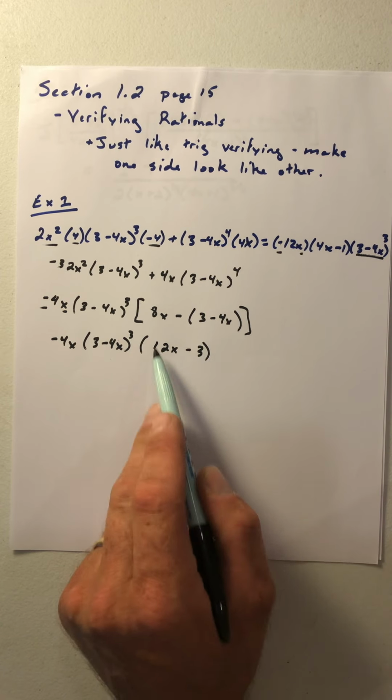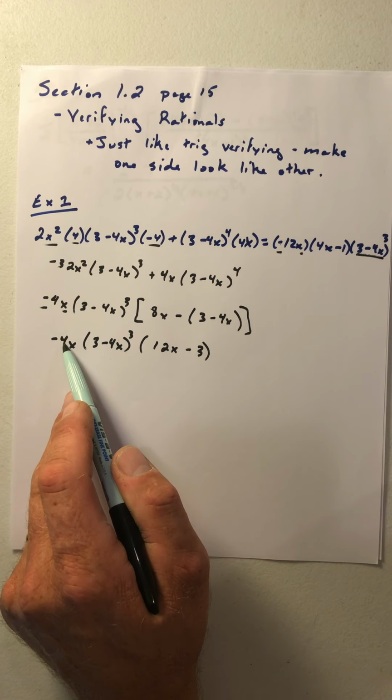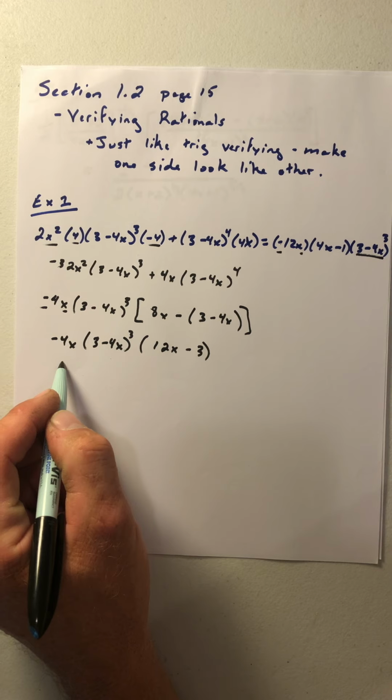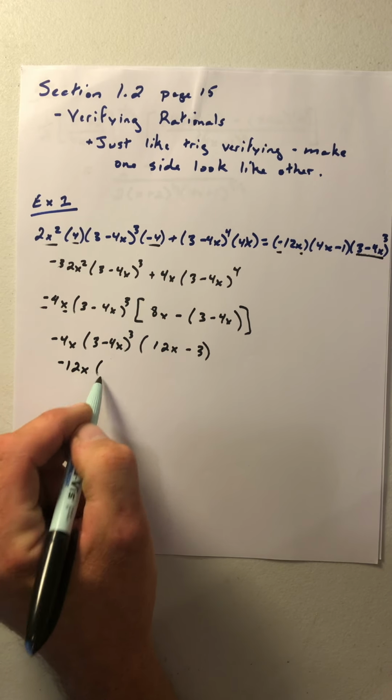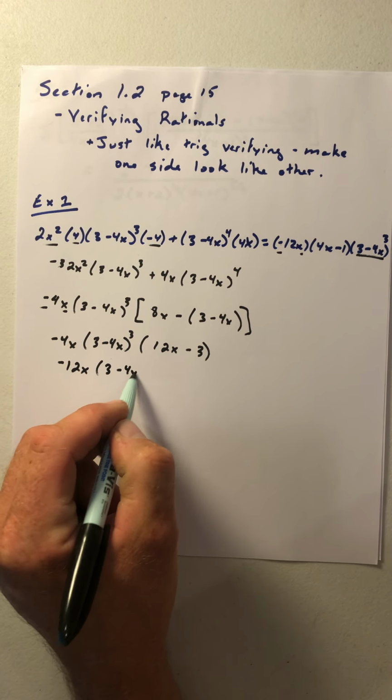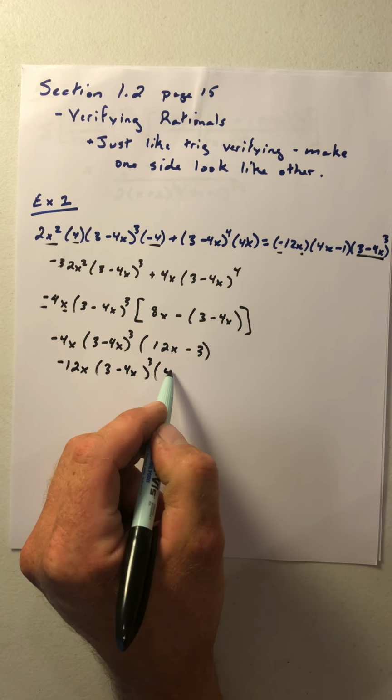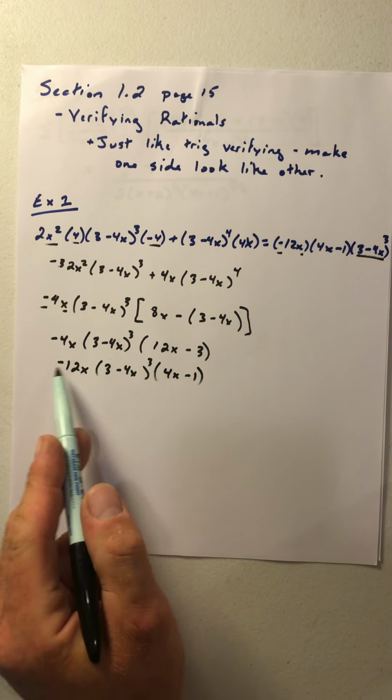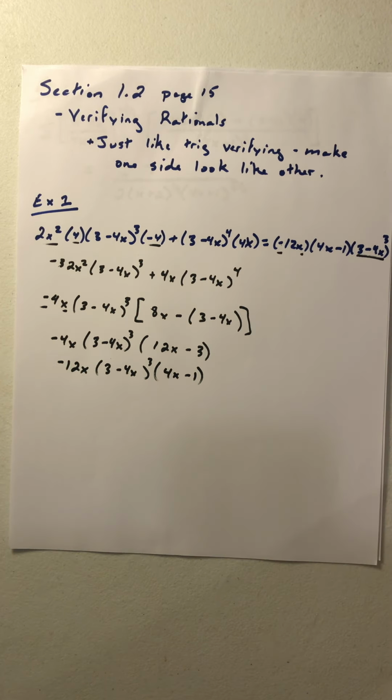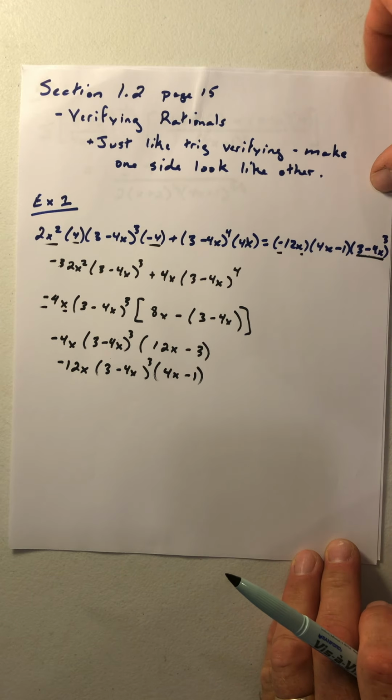So if I pull a 3 out of this, multiply it to the 4, I get my negative 12x times 3 minus 4x quantity to the third times 4x minus 1. So I've got my left side equal to my right side. So I have verified that equation.